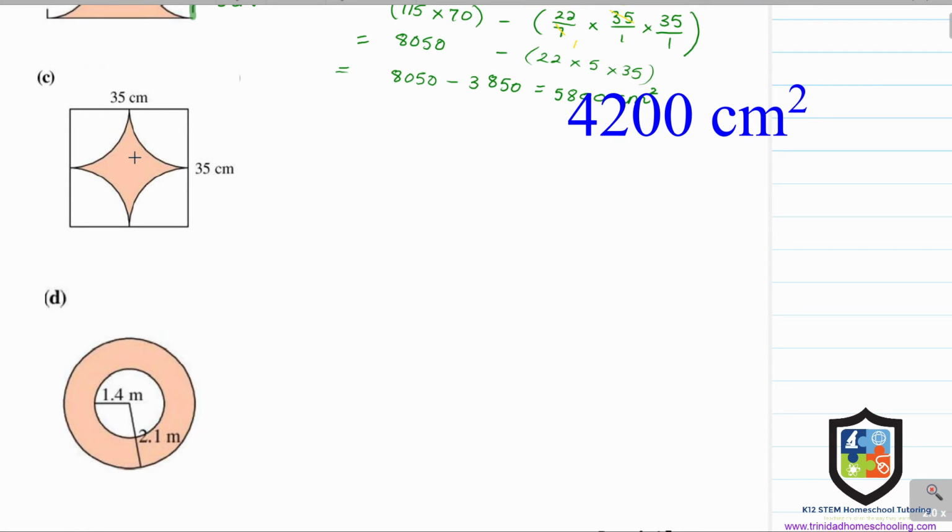Now we could see that C is made up of a square and this piece on the inside here. Now the center of my square and the shape is going to be somewhere here. Now what do we have on the edges here?